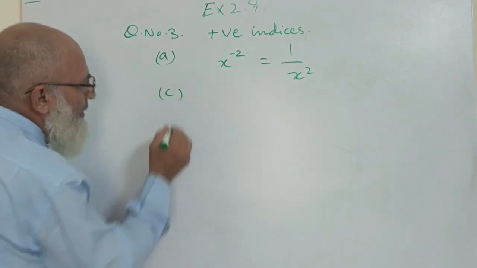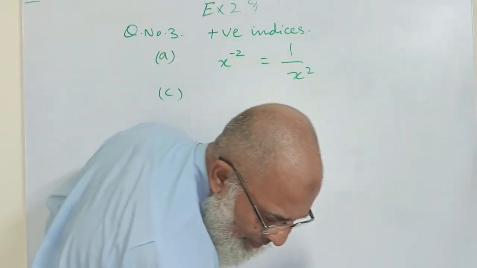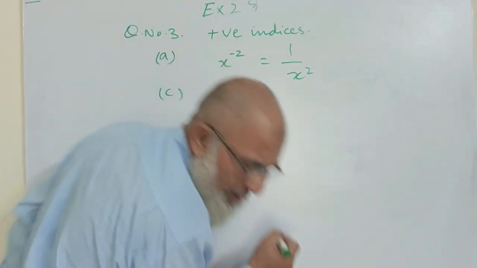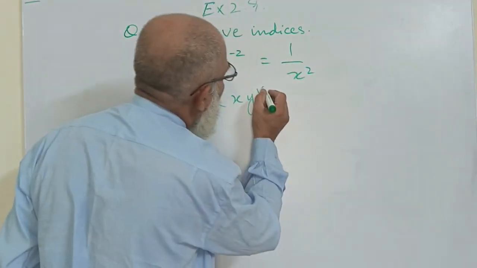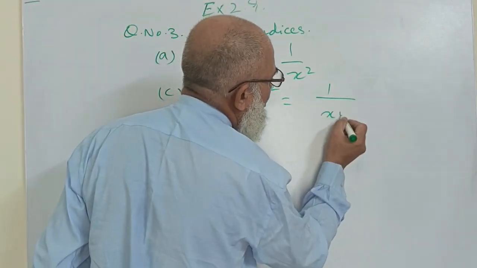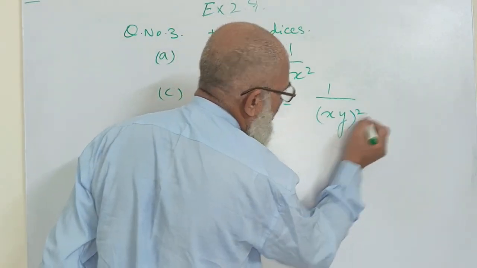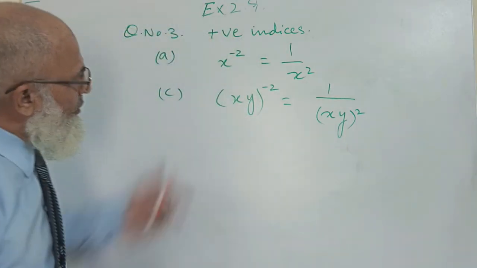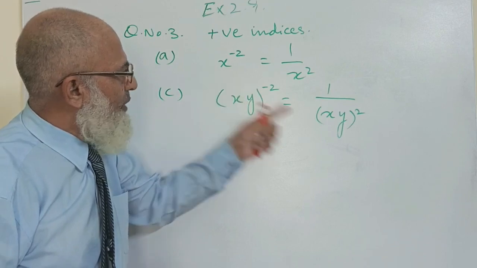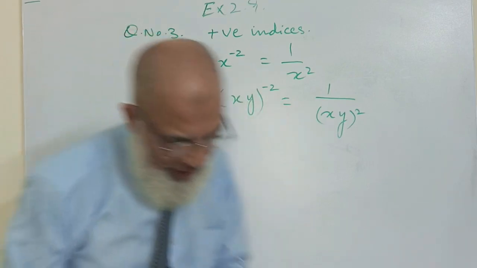Part C, xy the whole minus 2. It will be 1 upon xy whole square. So you see that these are very easy to make positive. Just reciprocate them.